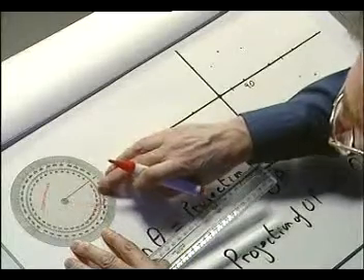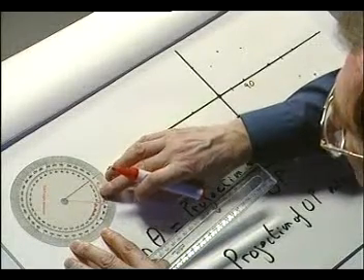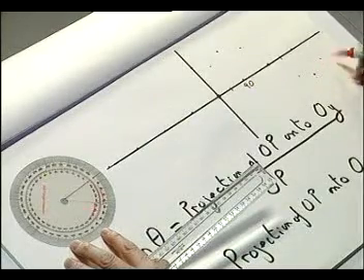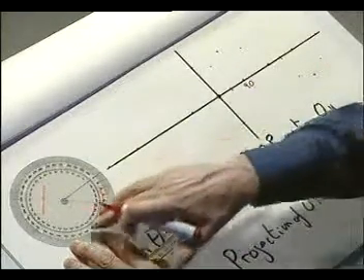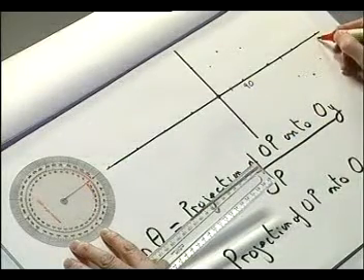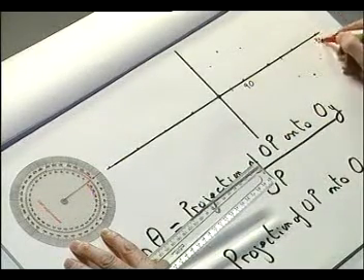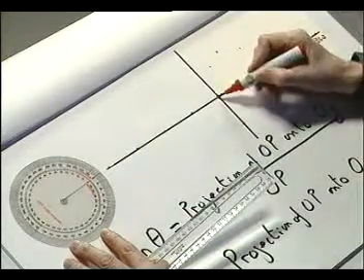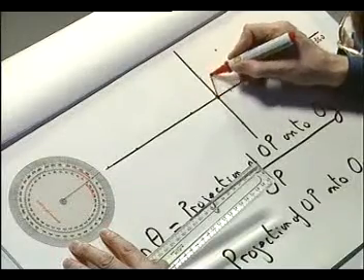And as we come round here to 315 and through there, we're about there. And then when we come round to there, we're back to 0 again, having been all the way round, 360.